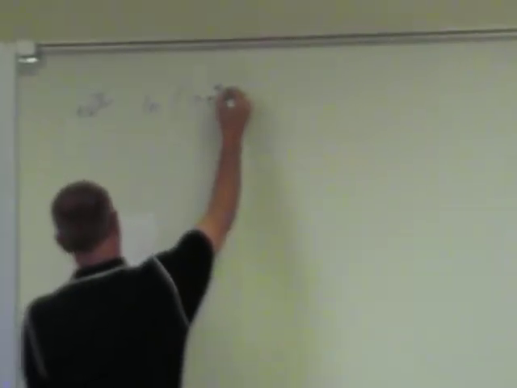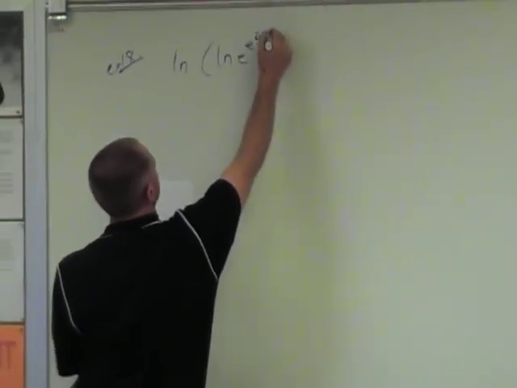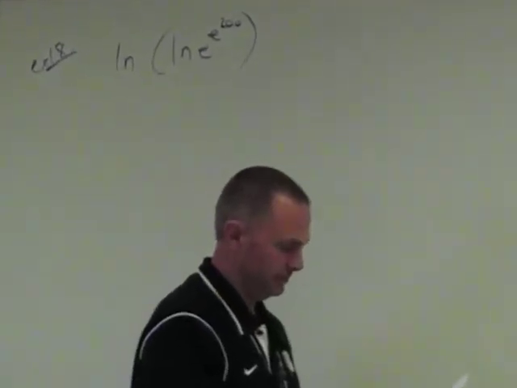There's ugly and then there's different types of ugly. Okay, let's do this one. How about 18? Natural log of the natural log of e raised to the e raised to the 200. That's ugly.